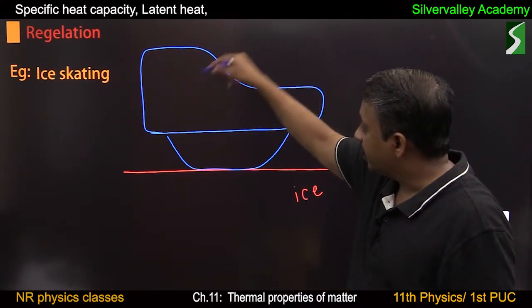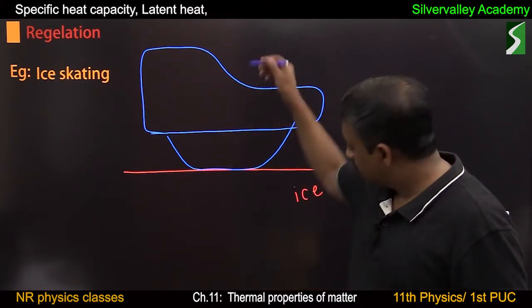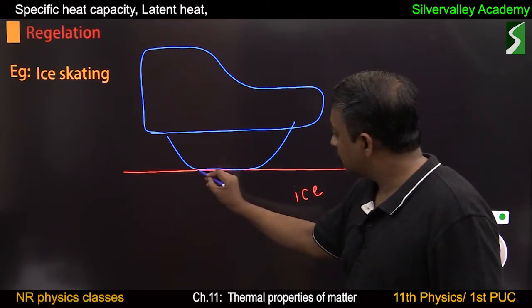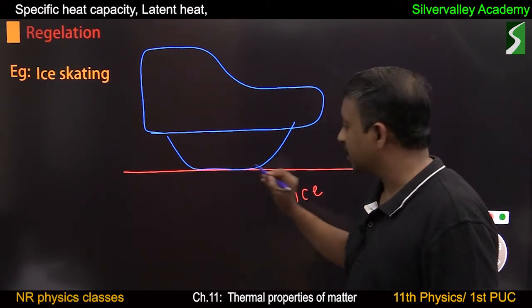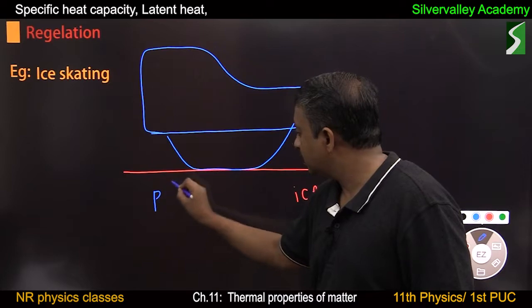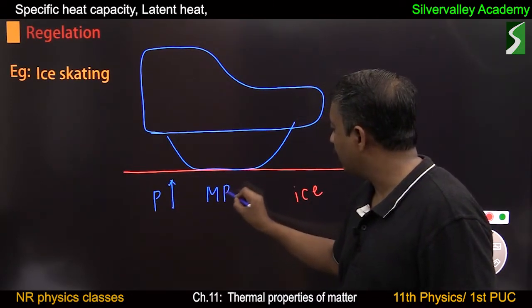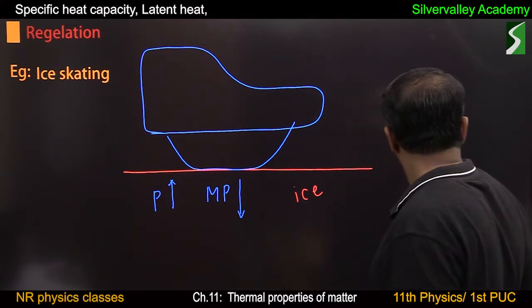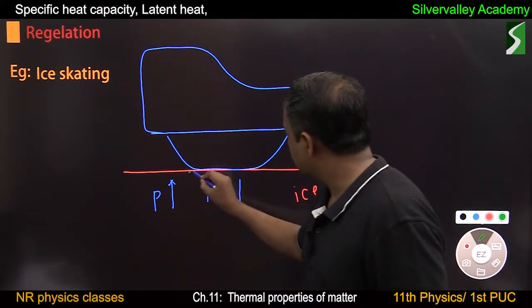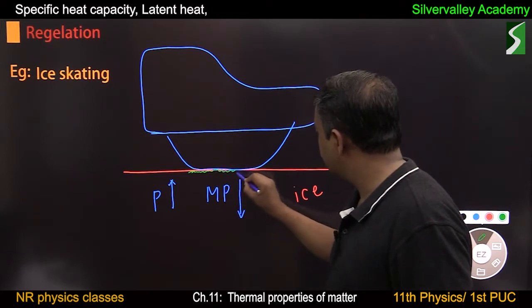Weight of the person, weight of the shoe, weight of the dress, everything will be acting down. So at the region of contact, pressure increases. Pressure increases, melting point, let me write MP, melting point decreases. Now there is water here. So there is formation of water.